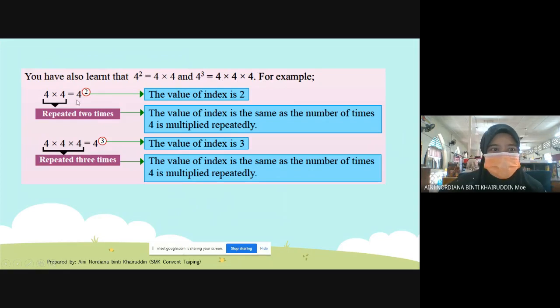For example, this is the repeated multiplication. The value of index is 2. The value of index is the same as the number of times 4 is multiplied repeatedly. If 4 cube, the value of index is 3, then repeated 3 times.